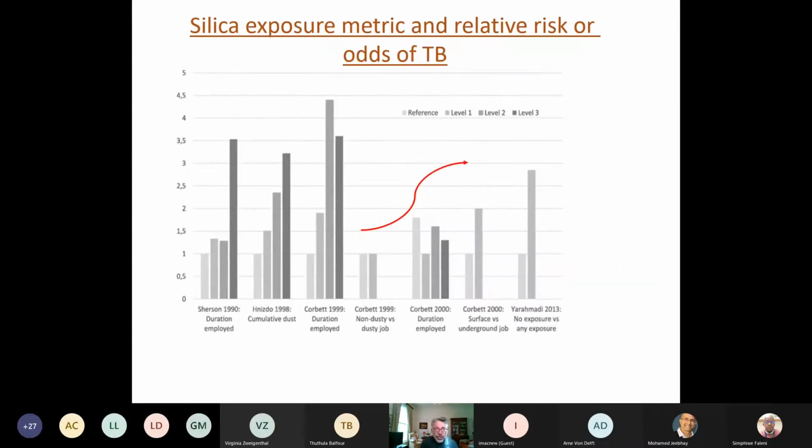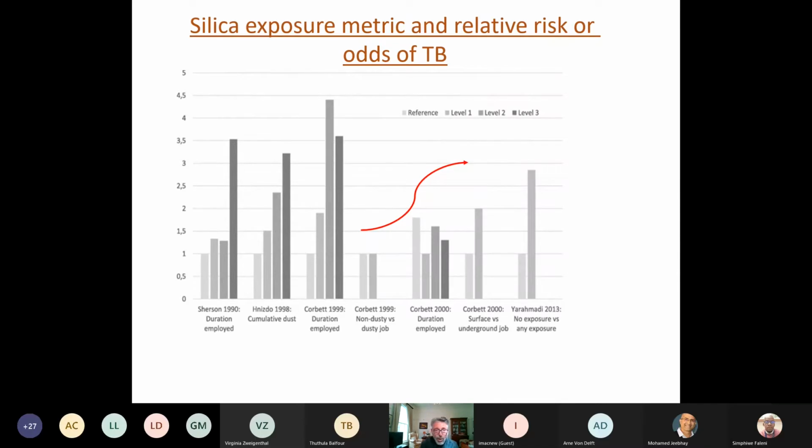When it came to looking at the metrics that were used and their grading, there was no consistent metric. In dealing with the effect of silica dust, and this is one of the problems, most studies did not measure dust.